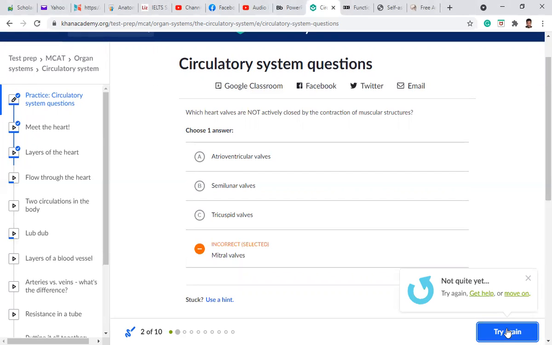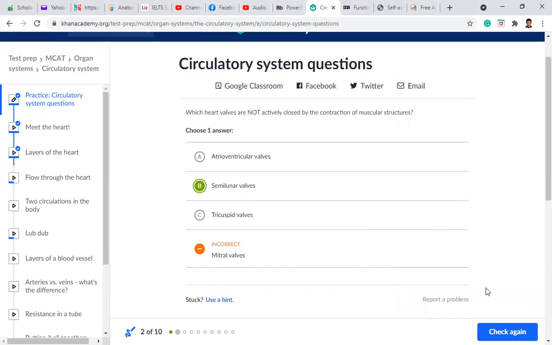Good. So check another one, because the tricuspid and the bicuspid valves actually close. That is the sound you hear as the lub dub sound. And those valves are found between the atrium and the ventricle, the atrioventricular valves.